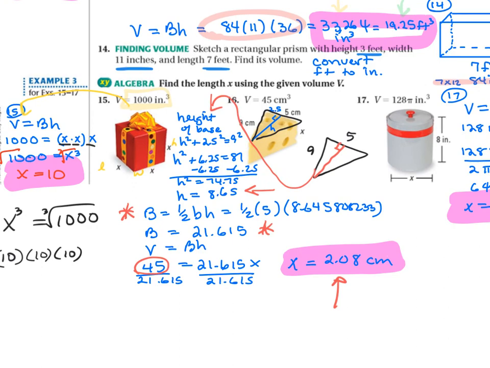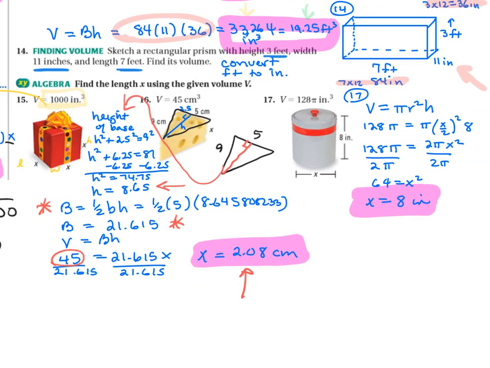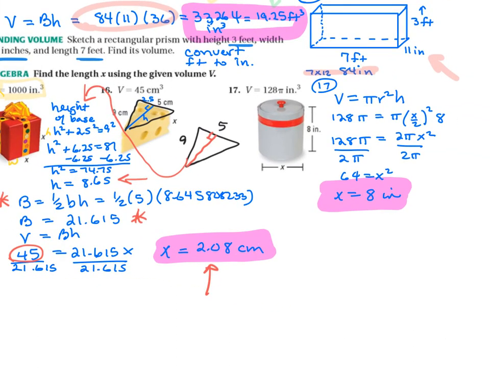And then number 17 looks like a cylinder. And here again they gave us the volume already calculated in terms of pi. So again, volume of a cylinder is pi r squared height.